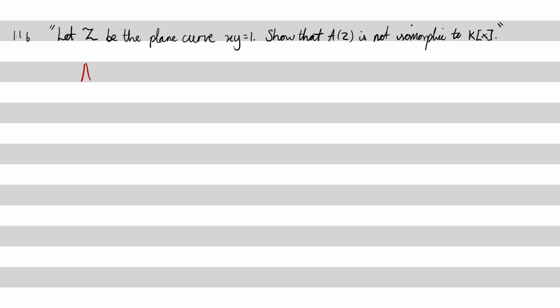So A of Z equals K[x, y] divided by I of Z. Well, Z is the vanishing set of xy minus 1. xy minus 1 is irreducible, therefore, same thing as before, I of Z gives K[x, y] divided by xy minus 1.